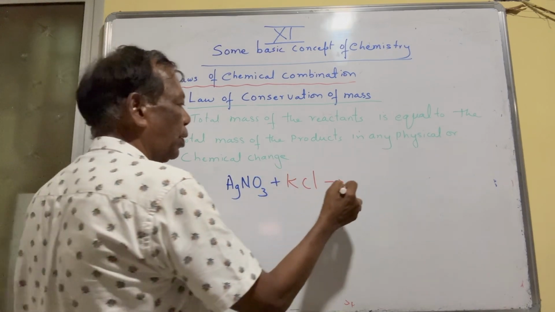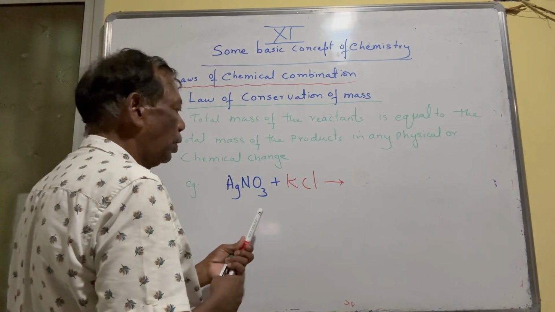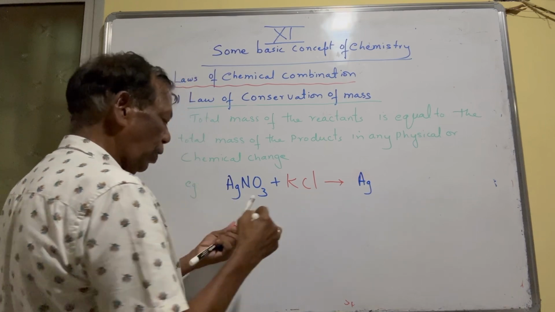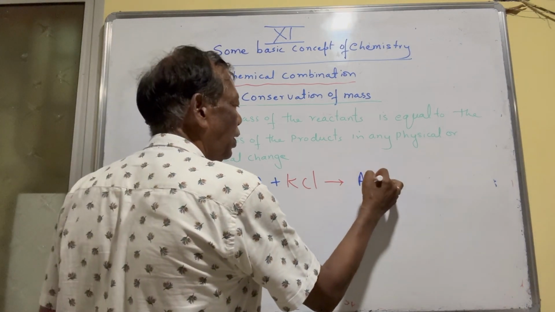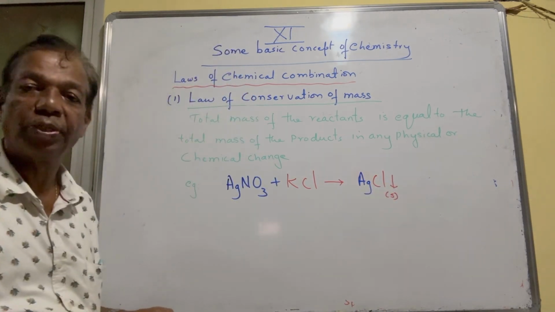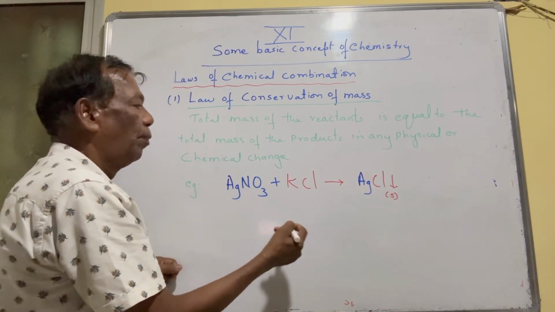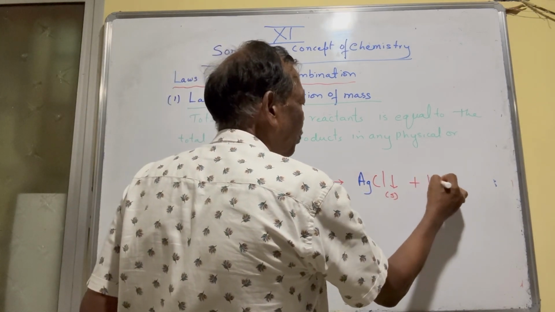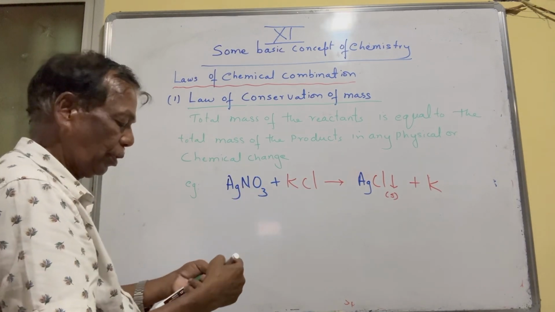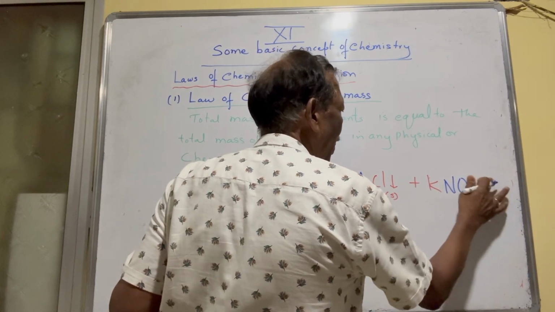Silver Ag, to that chlorine will add and it becomes AgCl. This is a white precipitate, so I show it by an arrow down to indicate that it is a precipitate. Plus you get potassium, and to this potassium the nitrate group will add. This nitrate is called a radical.